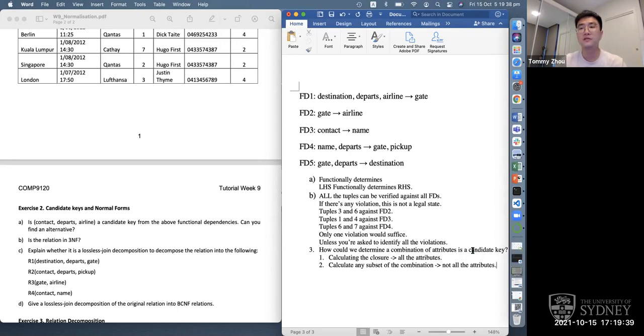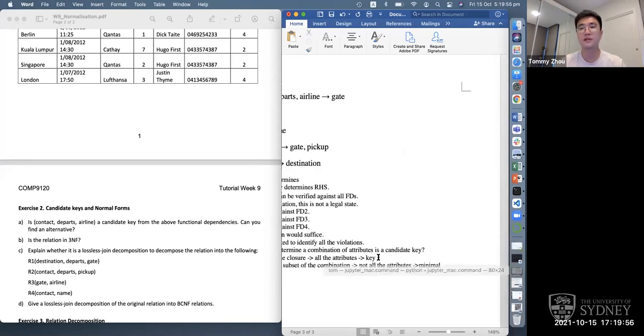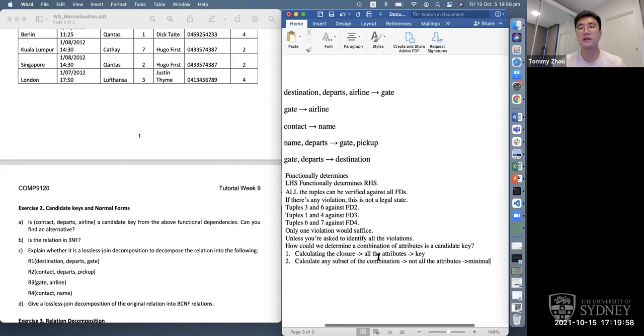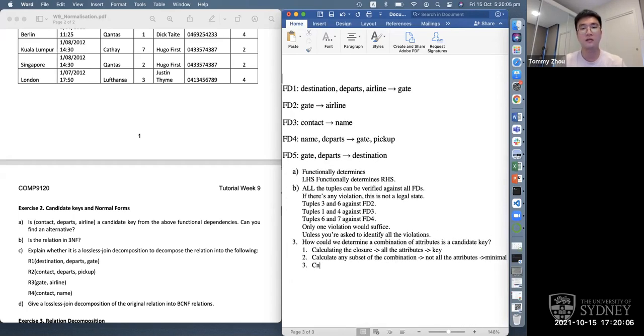So the first step verifies this is a key, but the second step helps you identify this is minimal. Make sense? Combining these together, this is going to be a candidate key. So we've got 2 steps here.